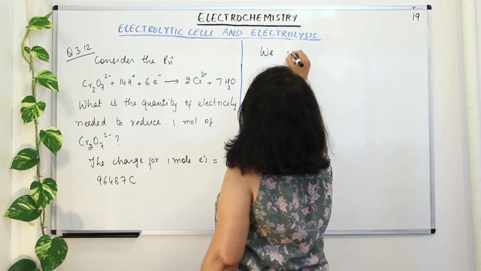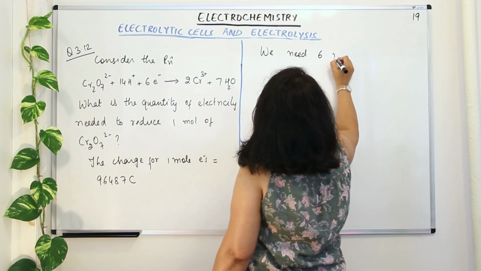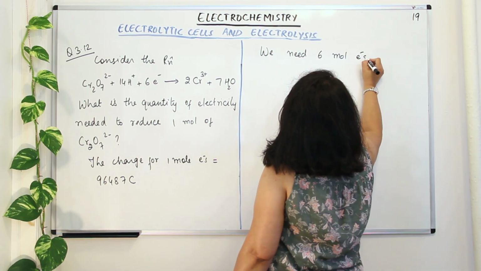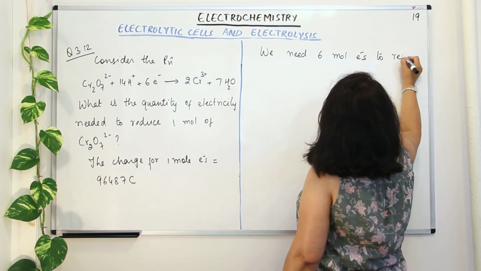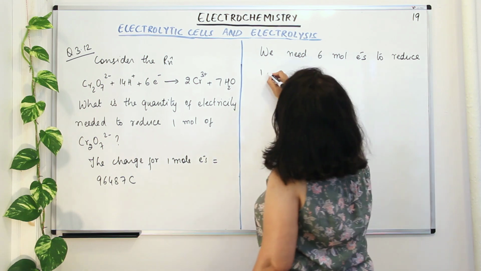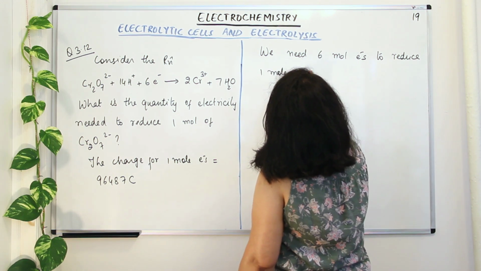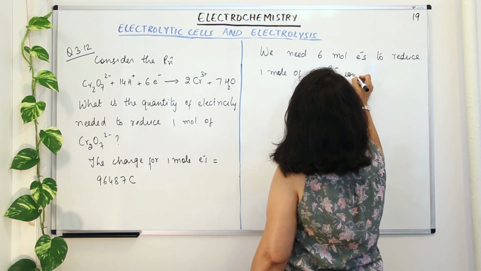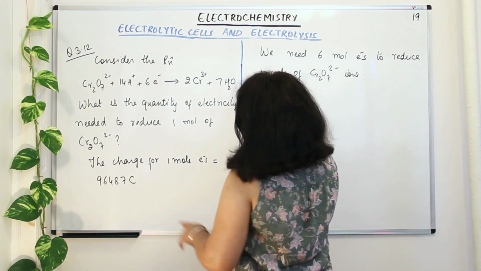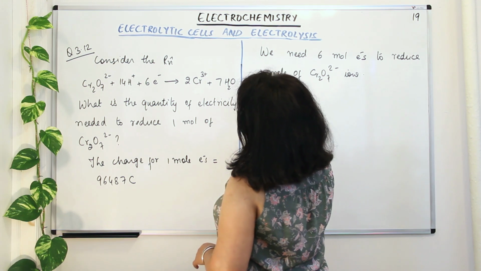We need 6 mole electrons to reduce 1 mole of Cr2O7 2 negative ions, right? So the charge required, what is the quantity?